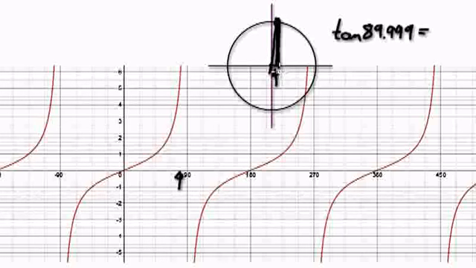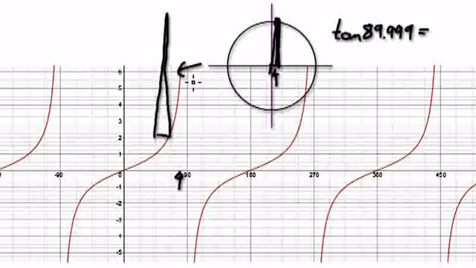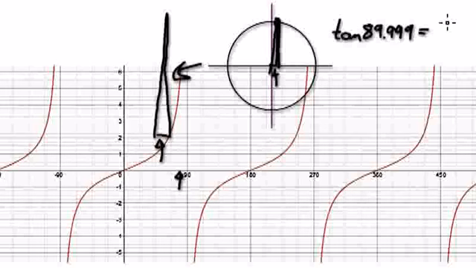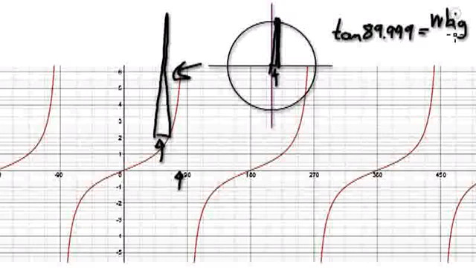The height is massive in comparison to the width, because you've got a triangle where it's something like this here. So you've got something that's very, very big divided by something that's very, very small.